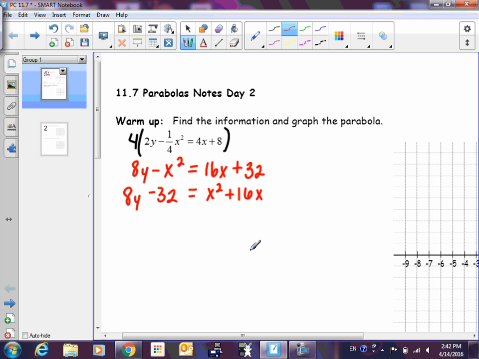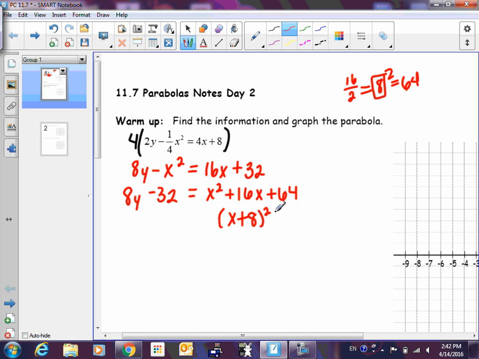All right, now we're ready to complete the square. Start with that number 16. Half it, box it, square it, all that good stuff. Okay, if you add 64, that transforms this trinomial into (x + 8) squared.